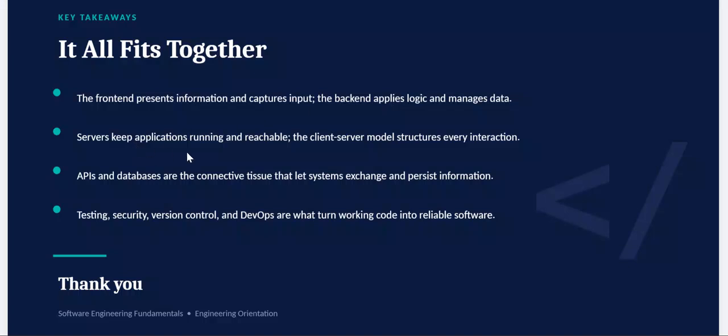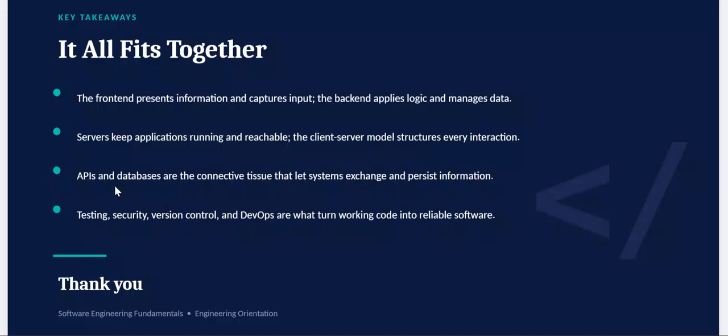Now, the servers keep the application running and reachable. So the servers are always online, 24/7, always available, always reachable so that the application can be reached. When your server is down, your application is automatically shut down. The client-server model structures every interaction between the client side and the server side.